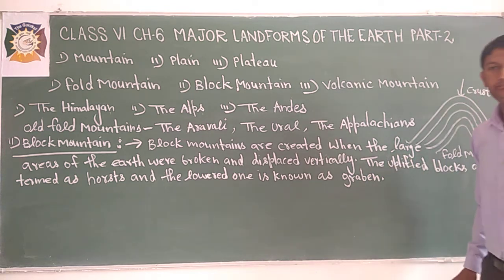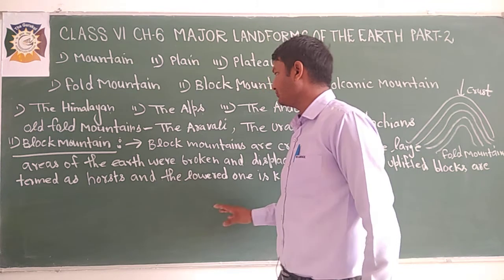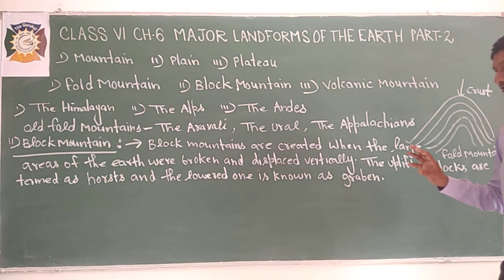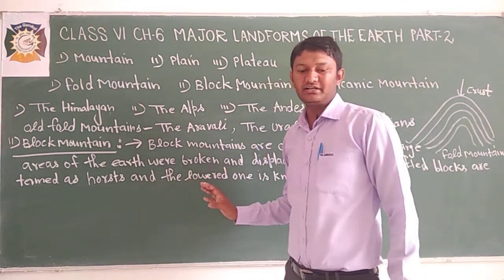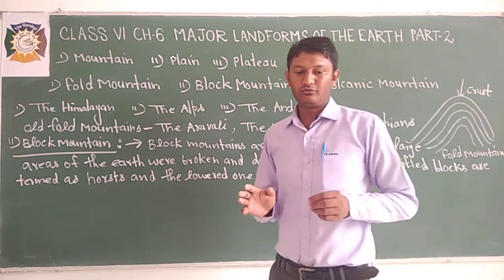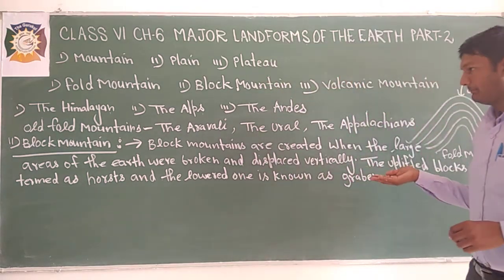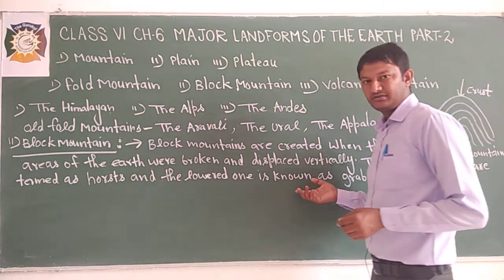In this way, it led to the formation of the block mountains. As I discussed with you now, block mountains are created when large areas of the earth were broken and displaced vertically. The uplifted part is termed as horst and the lowered one is known as graben.